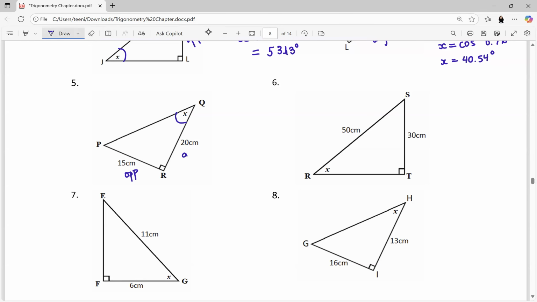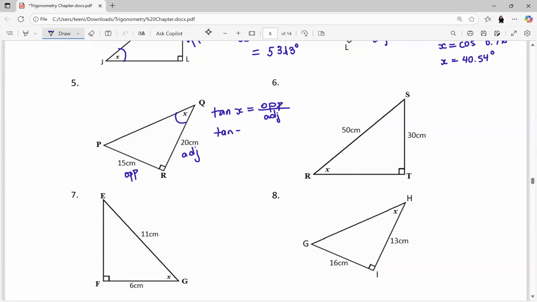So we are given the opposite and the adjacent sides. So which ratio uses opposite and adjacent? Tan. Yeah, tan, correct. So tan of X is equal to opposite over adjacent. All right, so now let's write this in.